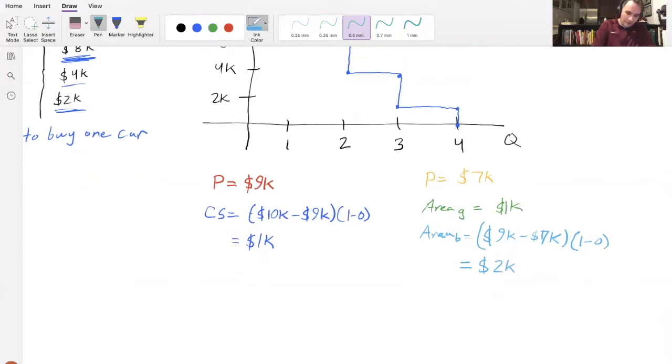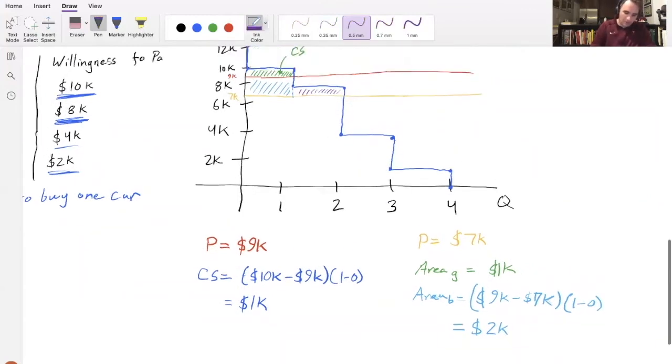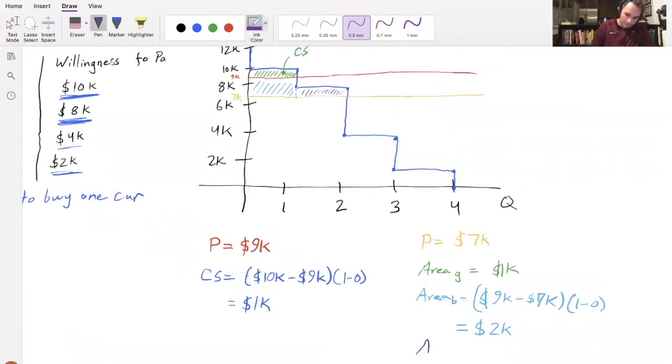And then finally, our purple area, well, that ends up being a rectangle, getting ahead of myself with triangles. That goes from 8,000 to 7,000.